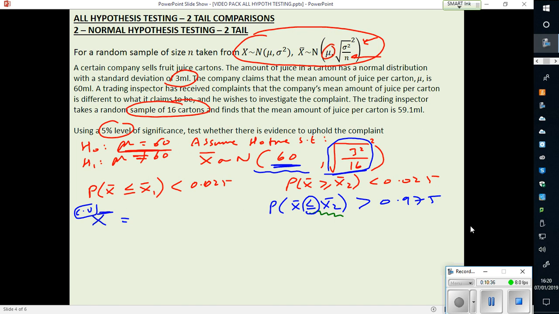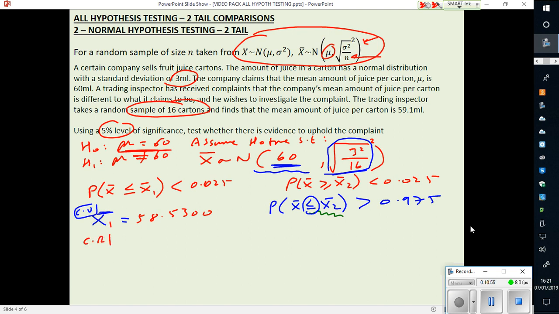Number 3, which is inverse normal, our area is 0.025, our standard deviation is square root of 9 by 16, and our mean is 60. So 58.5300, and then that's our critical value x1.